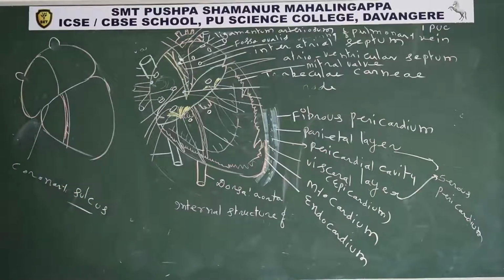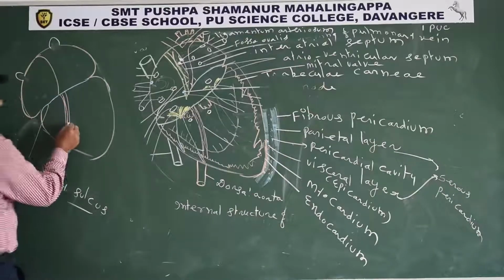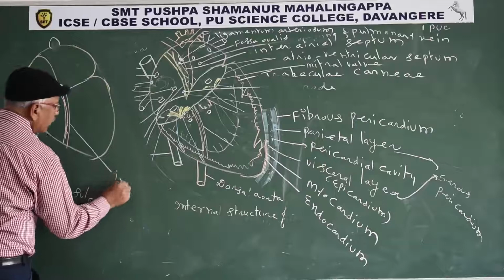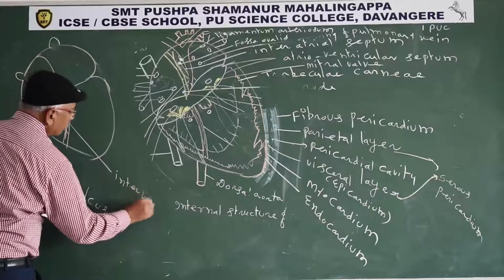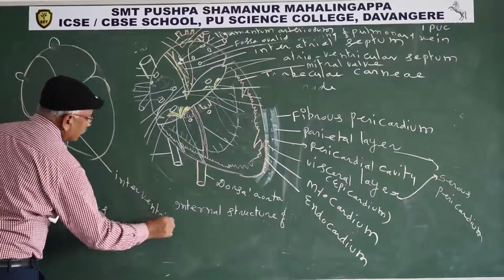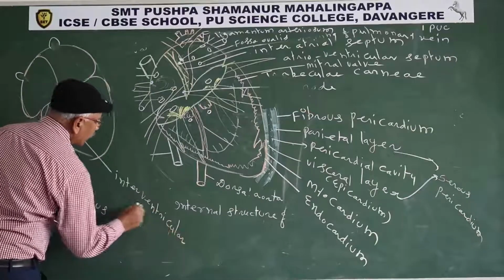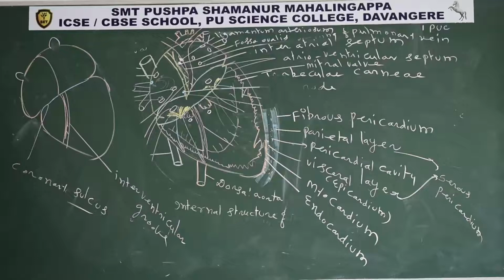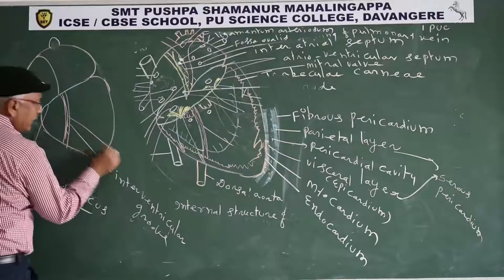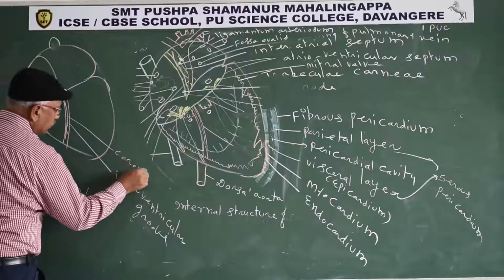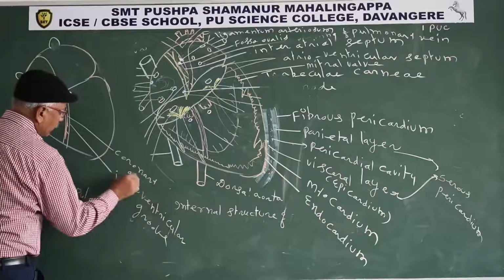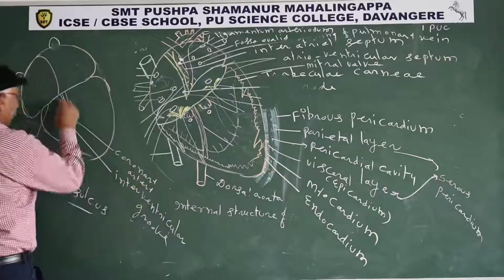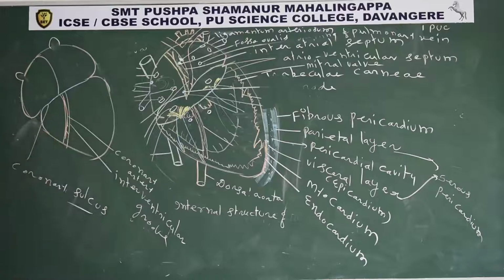The two ventricles are externally separated by the interventricular groove. The coronary artery and its branches are present in the interventricular groove.